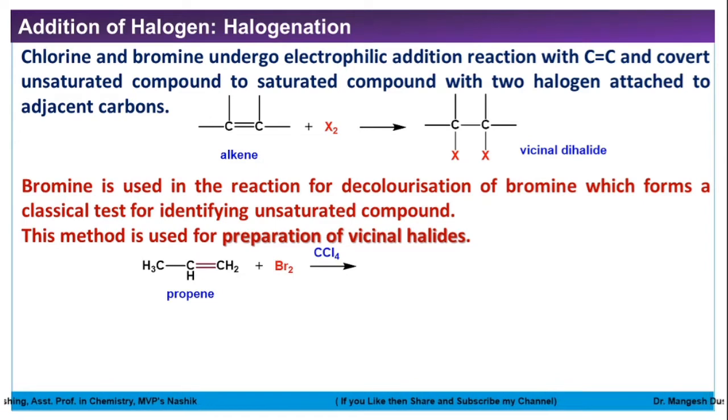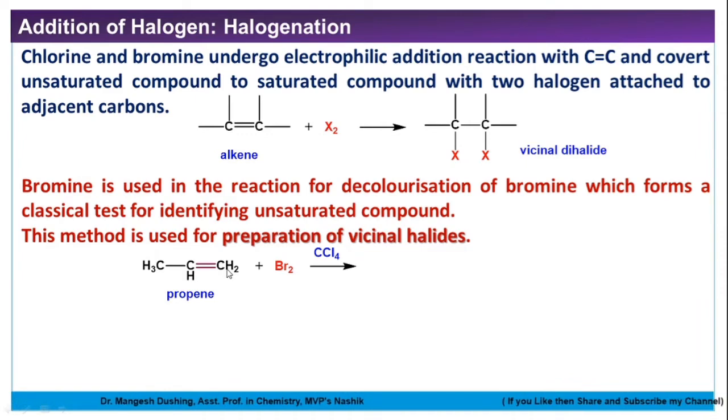For example, this is propene. So propene in the presence of Br2, bromine, in a solvent like CCl4. CCl4 here is a solvent. So what will happen? The carbon-carbon double bond will break. That will become a single bond, and each double bonded carbon will get one bromine.